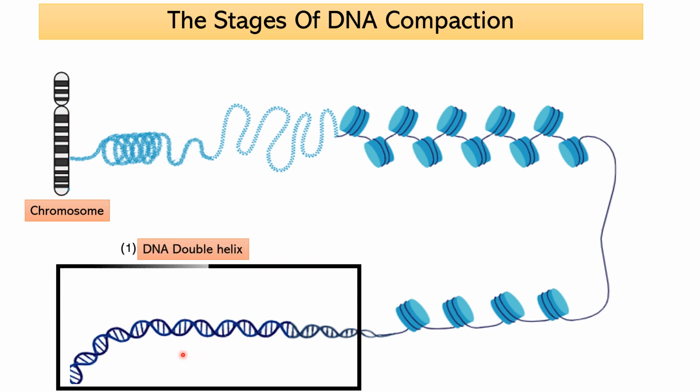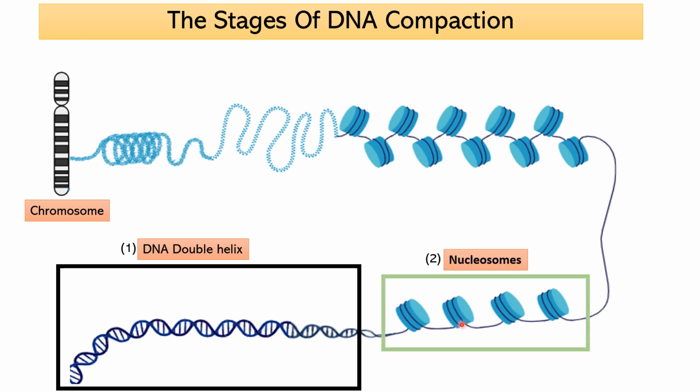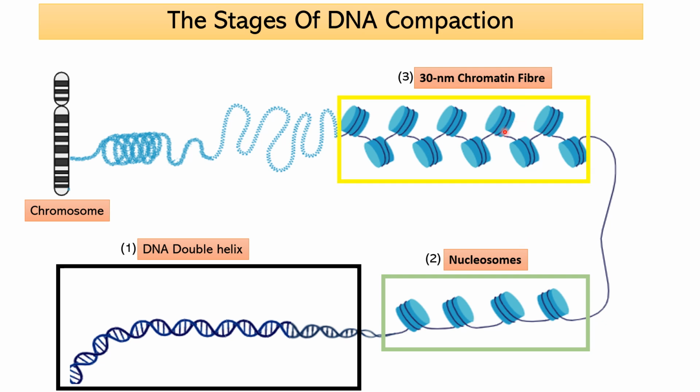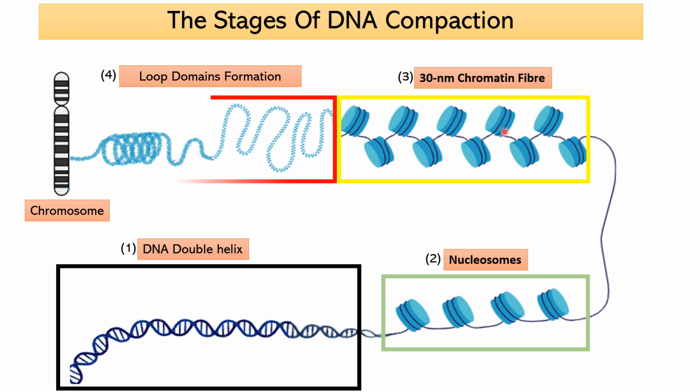So the first and the simplest conformation of the DNA is the DNA double helix. And then comes a second, much higher compaction, which is called nucleosomes. The next stage is called the 30 nanometer chromatin fibers, and then the formation of what is known as the loop domain, which would have these forms, and finally having the chromosome in that form.